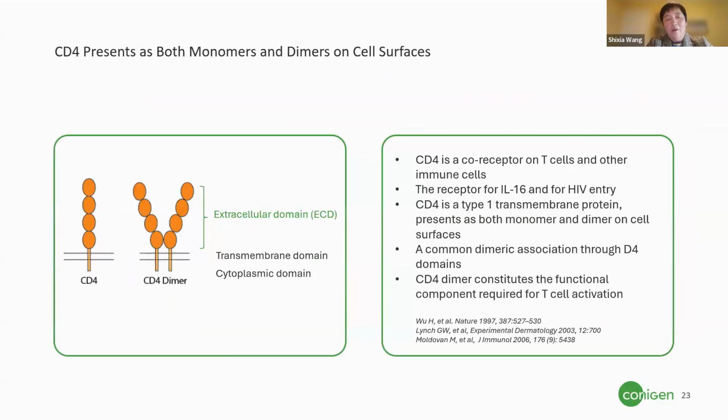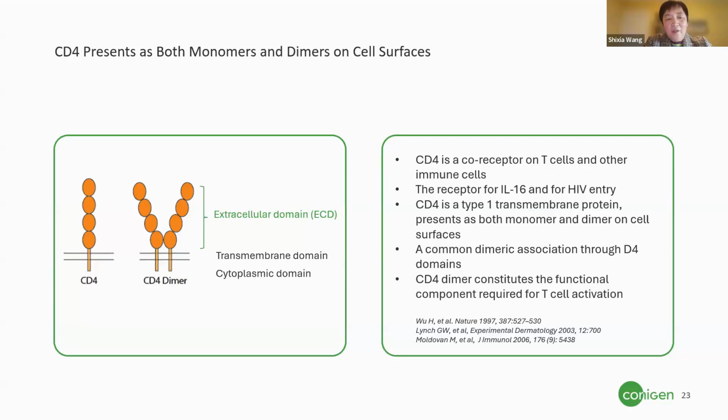The next target used here is the CD4 molecule. CD4 is the core receptor on T cells, and also a receptor for IL-16 and the primary receptor for HIV infection. CD4 was originally discovered in the early 1980s.